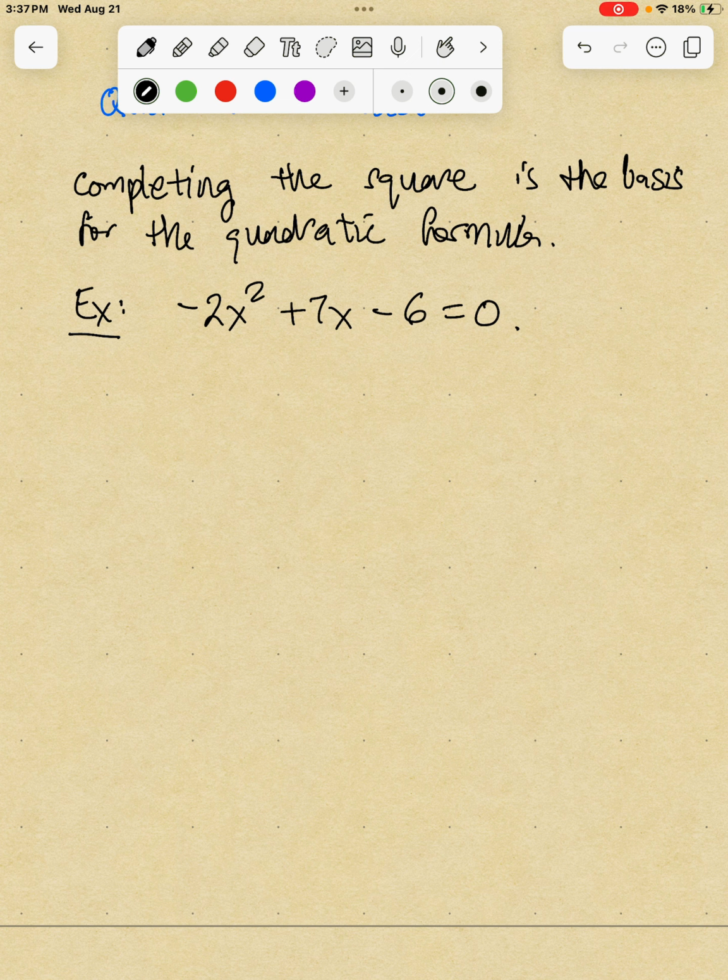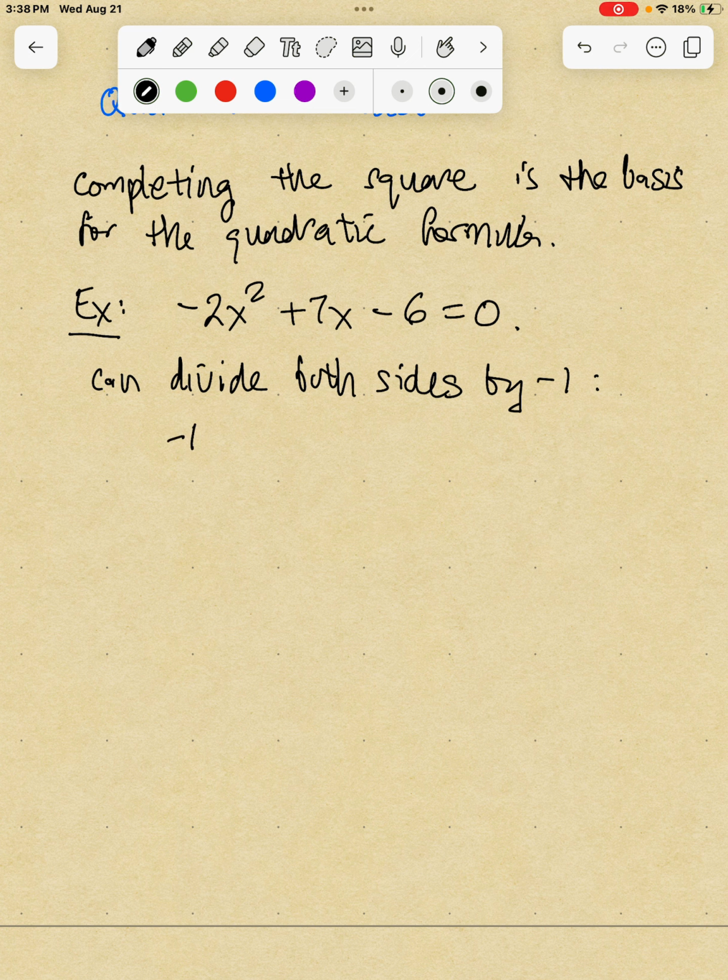If you wanted to solve that, one thing you can always do: I see that the coefficient of x squared is negative 2, that's negative. If you want, you can always divide both sides by negative 1 to simplify things.